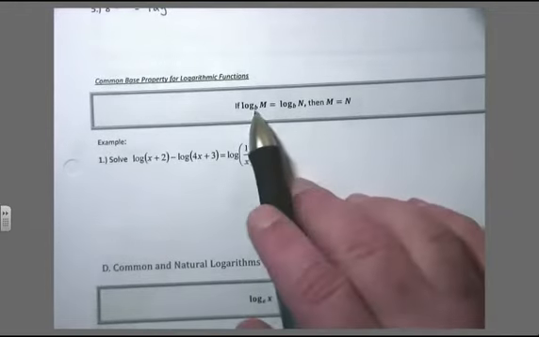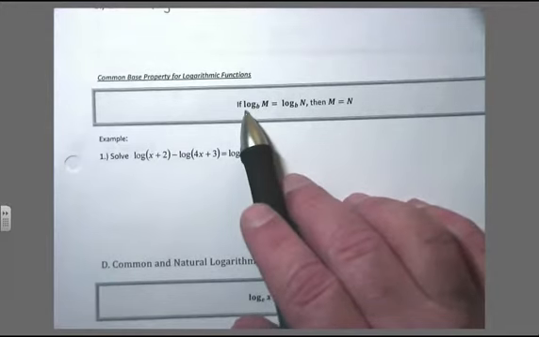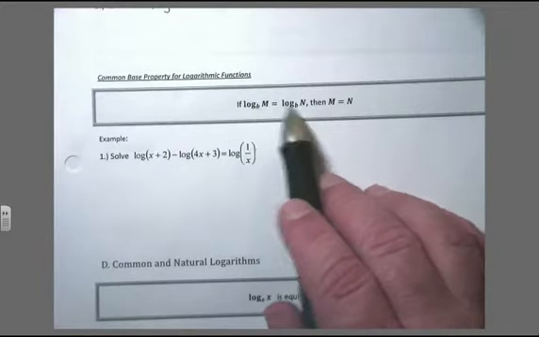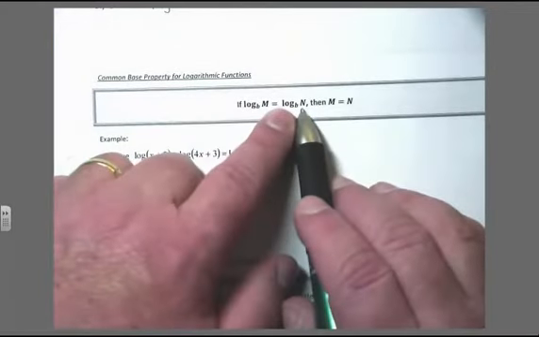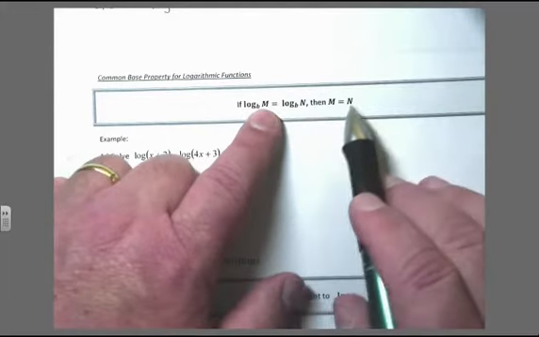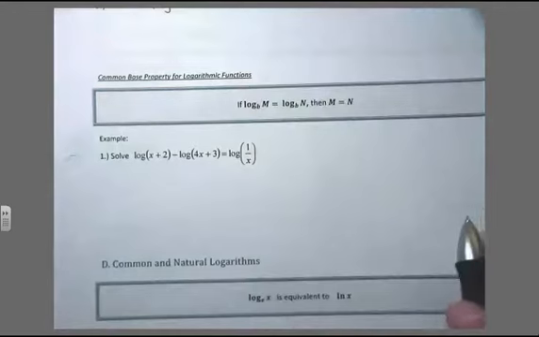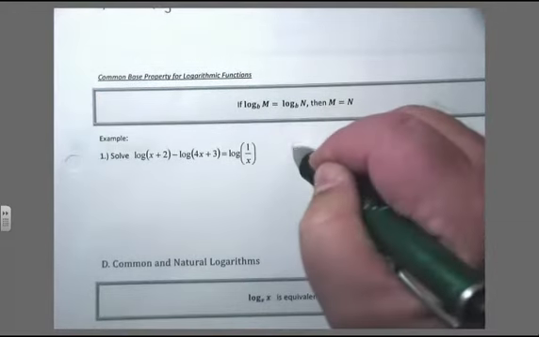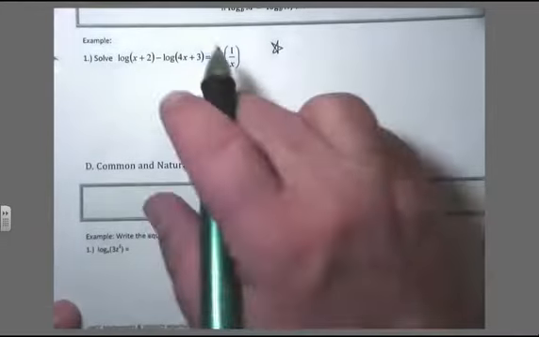If I can somehow combine like terms to get the logs of the same base, get one log on one side equal to the log on the other, if the logs are equal to each other, then what you're taking the log of has to be equal to each other. So this is going to be using some of our log properties. I'm going to come back to this example after I introduce some more log properties. What I really want to do is introduce some log properties. I'm going to come back to this guy in just a second.